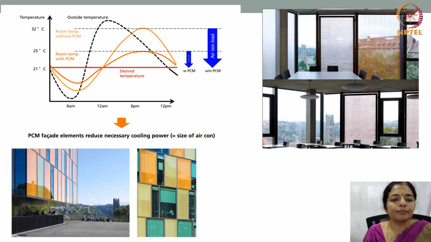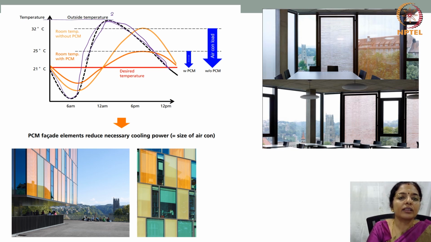So you can see in this graph, this is the outside temperature. The outside temperature is about 34 degrees centigrade.